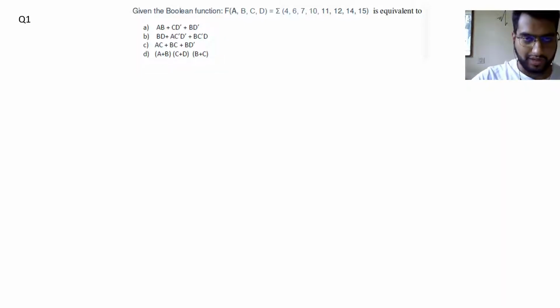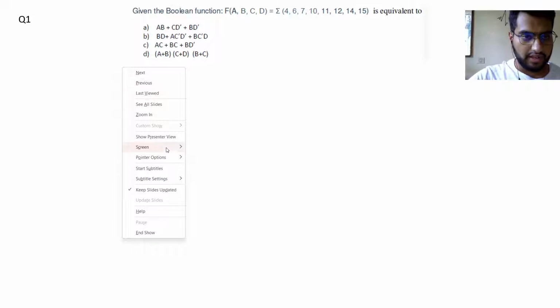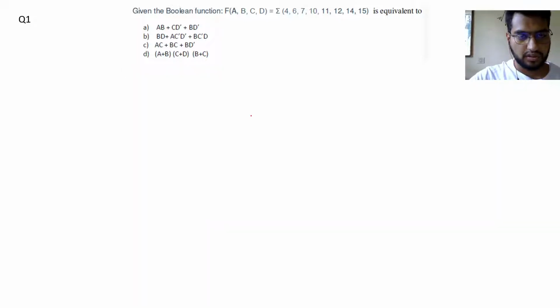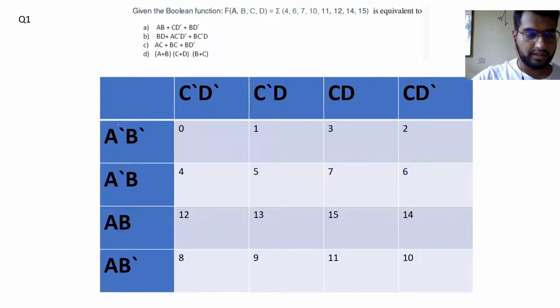So we have this 4-variable here, a, b, c, d. For a 4-variable, we have this Karnaugh map like this, where this MSB is here and LSB is here, and we have this written like this: 0, 1, 3, 2, 4, 5, 7, 6, then 8, 9, 11, 10, and then 12, 13, 15, 14.